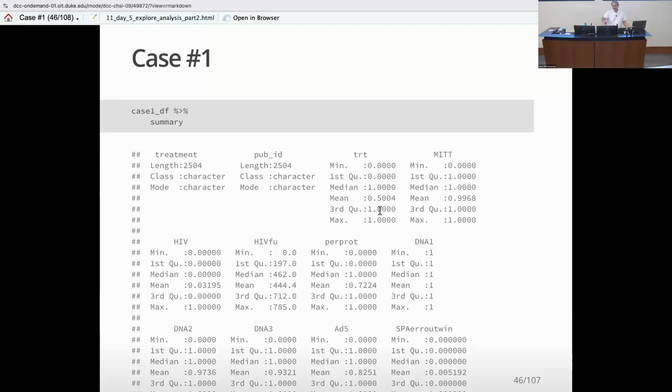I want you to look at this and think about it a little bit, just because it doesn't make sense to actually summarize it with median or mean, because, and we'll talk about that more later if we have time, it's a categorical variable.